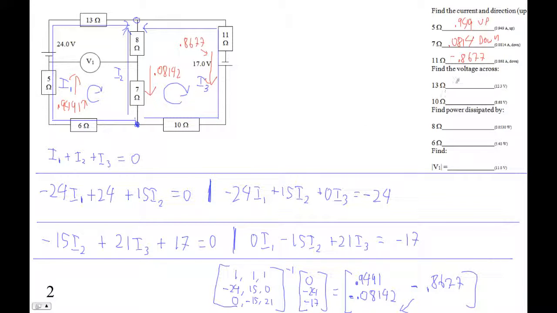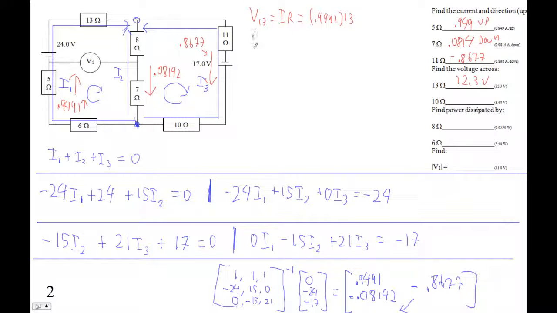All right, so let's see. Through the 13, where's our 13? There it is. 13's got this guy. So the voltage on the 13 is IR, which is 0.9491 times 13, 12.3.